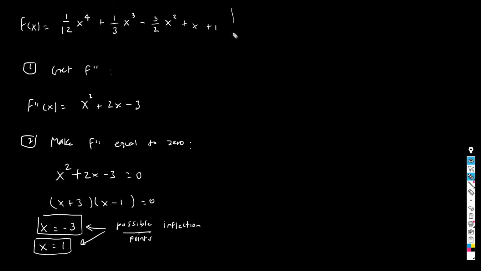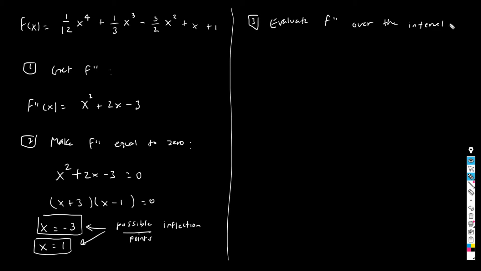Possible. Okay, let's continue. Step number 3, same idea, evaluate the second derivative over the intervals created by the possible inflection points.